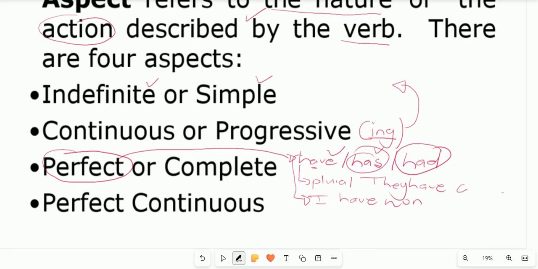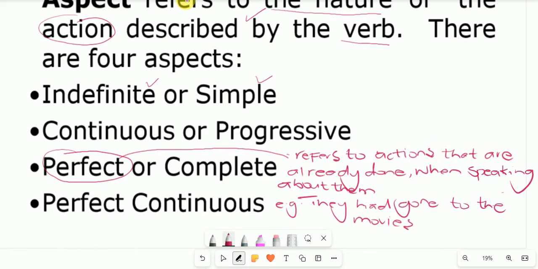But then let us look closely into perfect tenses. What do we mean by perfect tenses? So the perfect tenses refer to actions that are already done when speaking about them, right? Remember, I already made you aware that that's when you are going to use have and has.